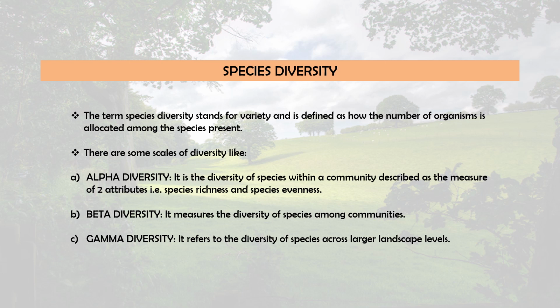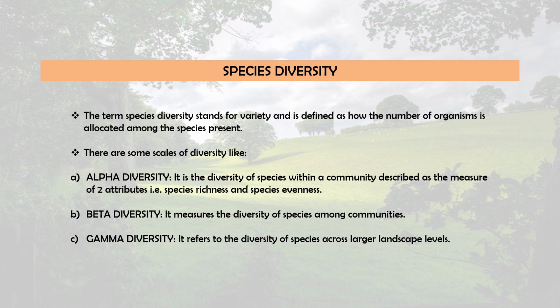And next one is gamma diversity. It refers to the diversity of species across larger landscape levels. In measurable terms, gamma diversity is the product of alpha diversity of a landscape's communities and degree of beta differentiation among them.